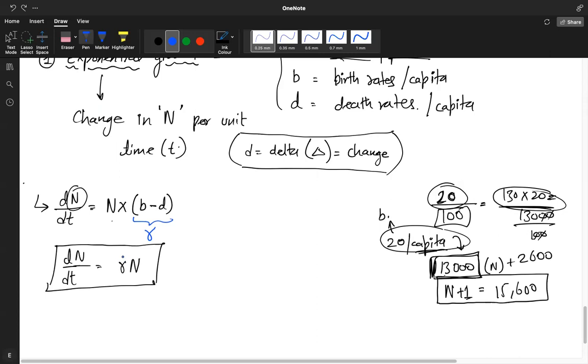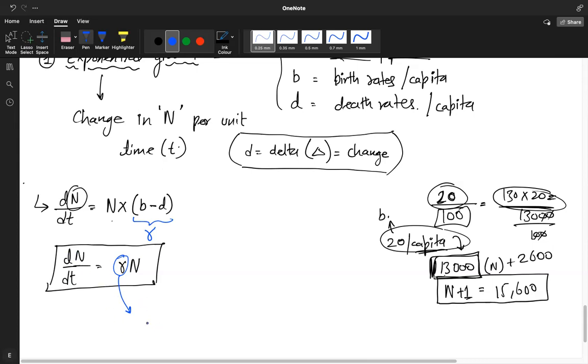It is actually deciding the population growth, right? If R is more than 1, you will multiply it with n, and then dn by dt will be more than n, which means population is increasing. If R is less than 1, then whatever n you multiply with, it will be less than n, right? So dn by dt will be less than n. So the population is declining.